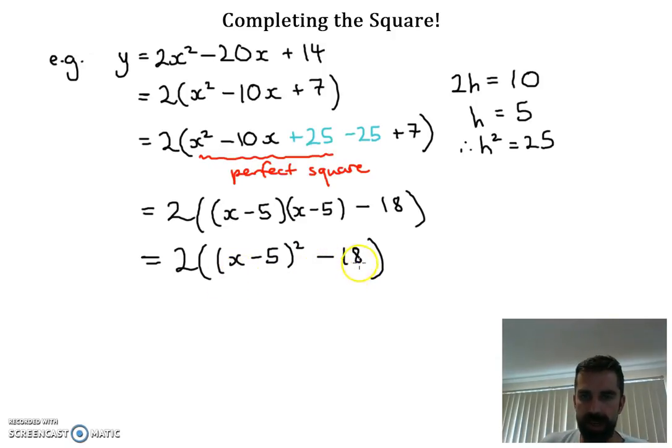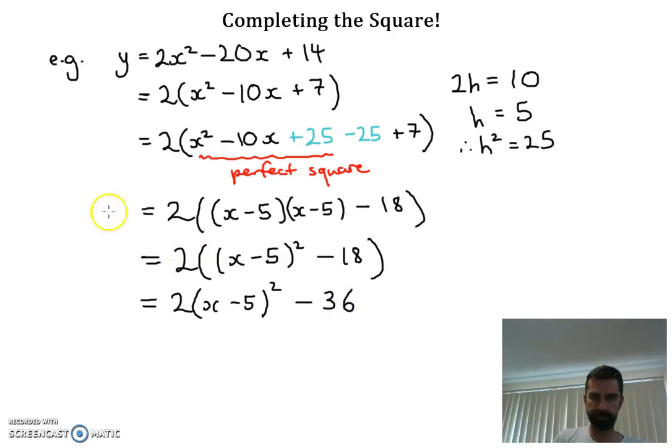Remember, for vertex form we can't have this end part still in the brackets, so I'm just going to multiply that part of it out. Because there's a 2 out the front, we multiply each term by 2. So the x take 5 can stay in the bracket: 2 times (x take 5) squared, and 2 times negative 18 is negative 36.